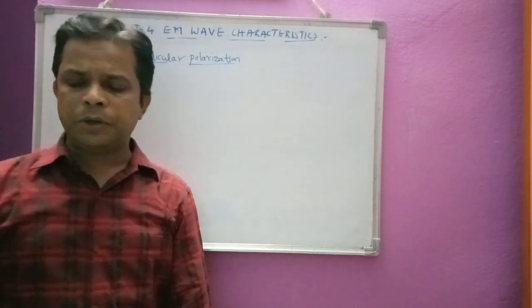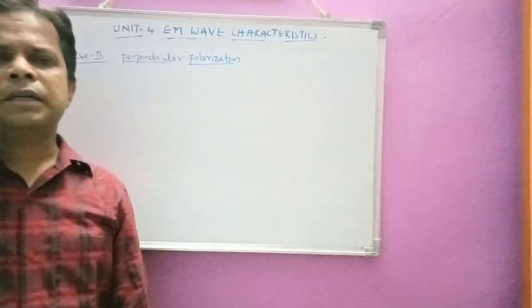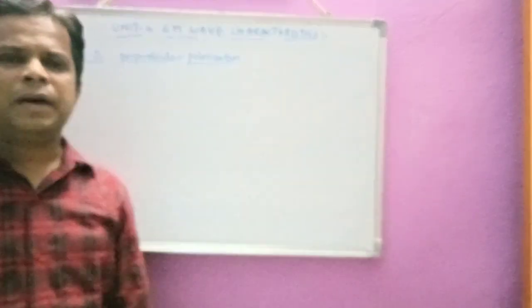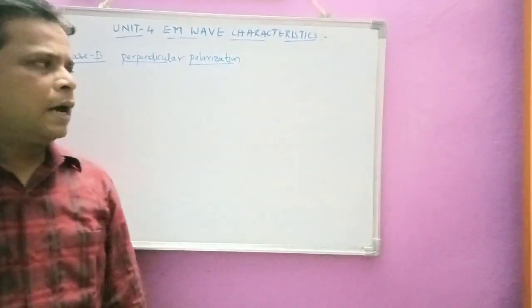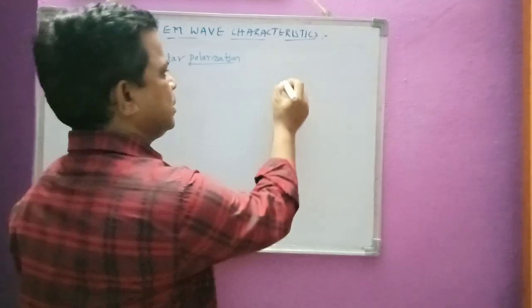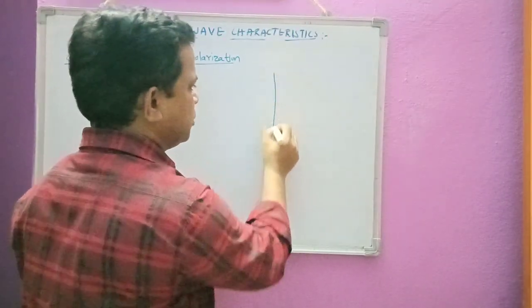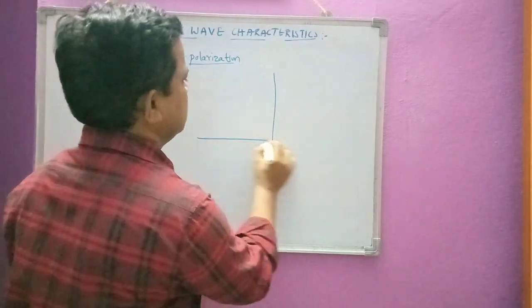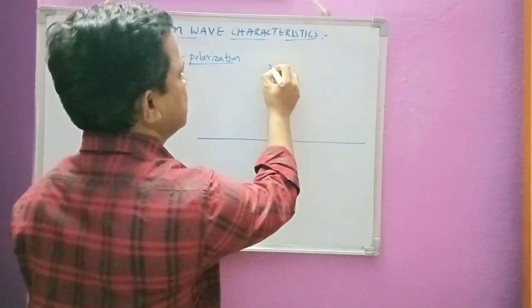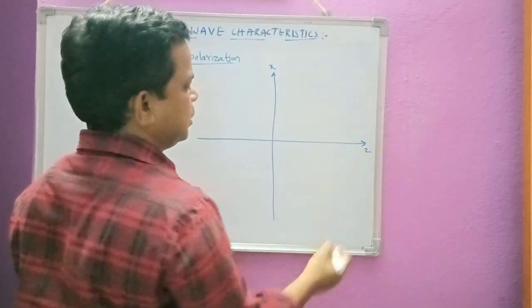First of all, we need to draw the diagram of how the incident wave, reflected wave and the transmitted wave look at the plane of incidence. Let me draw the diagram. It is similar to the diagram we have seen in the earlier lecture. We have the xz plane here.